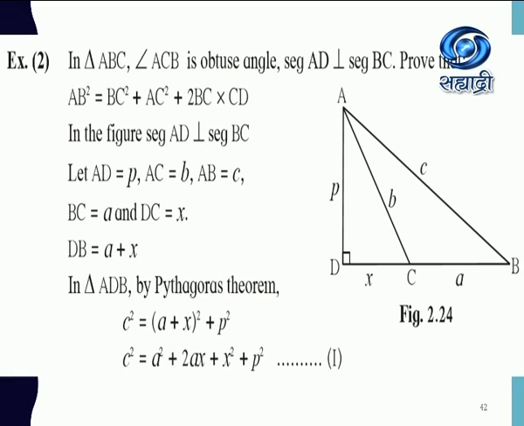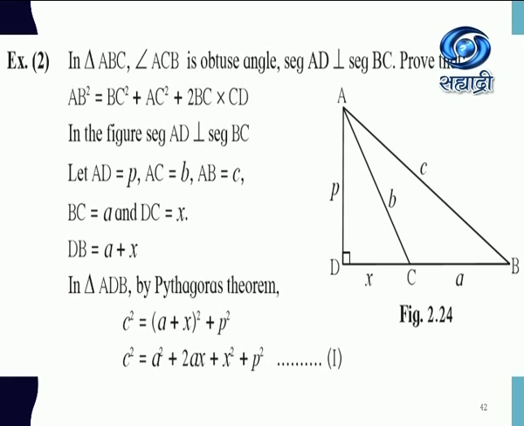So here let AD be p, which is the height of this triangle, AC be b, AB be c, BC be a, and DC be x. Here the difference is that BD, or DB, will be the sum of a and x. So DB will be a plus x.